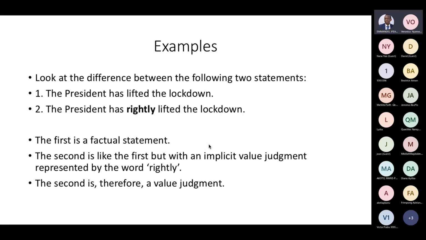Example, look at the difference between the two statements. The president has lifted a lockdown. The president has rightly lifted a lockdown. The second one is a value judgment. The first one is a factual statement. The difference between the two is that "rightly" was inserted in the second one.